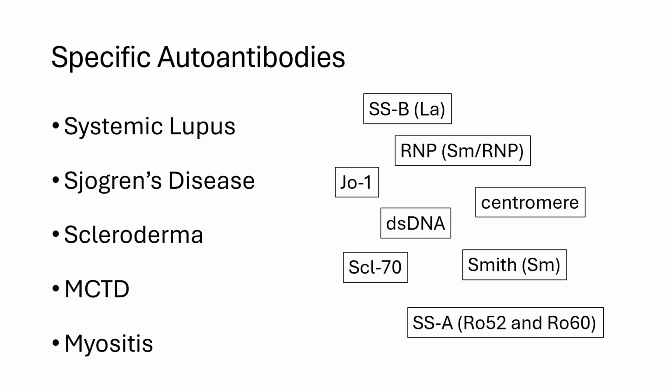This is also not an exhaustive list. There are some others, but these are the most common ones. And the important thing is that these antibodies, when present, do lend some specificity to the disease that may also be present. What I would encourage you to do right now is to pause the video, look at these antibodies, and see if you can remember which ones associate with which disease.